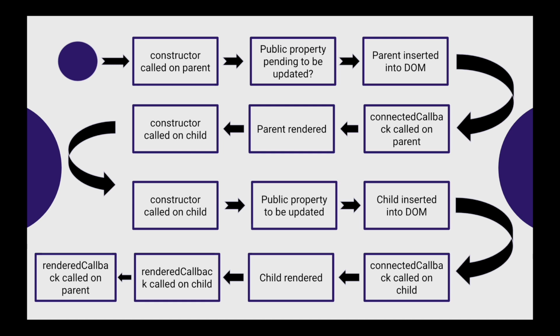But in the case of constructor and connected callback, it will get called first on the parent, then on the child. So the sequence goes: constructor on parent, connected callback on parent, then constructor on child, then connected callback on child, then rendered callback on child, and then rendered callback on parent.